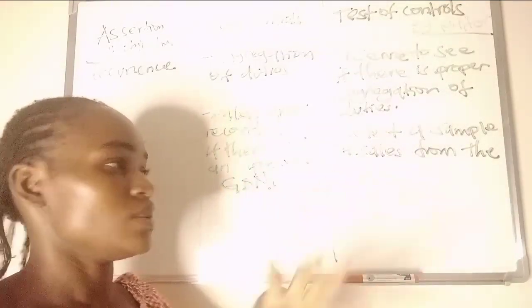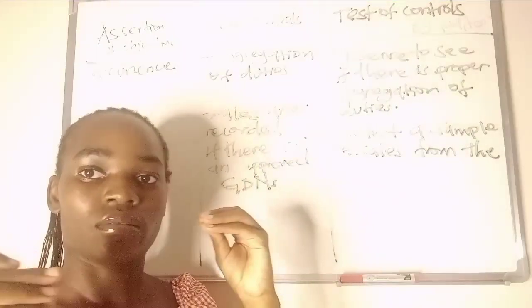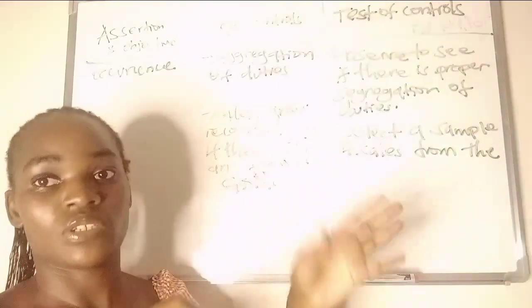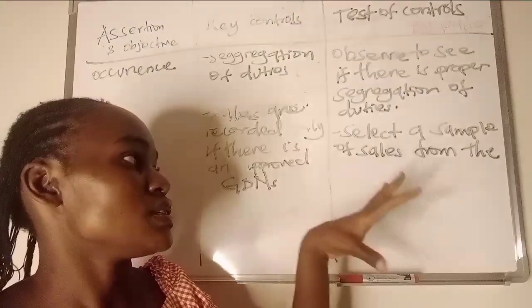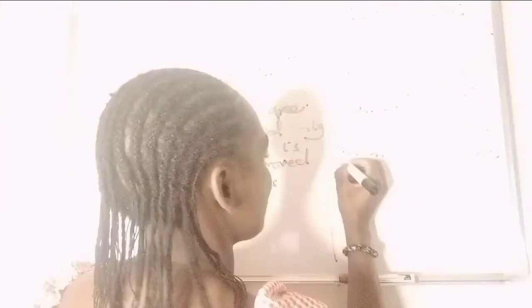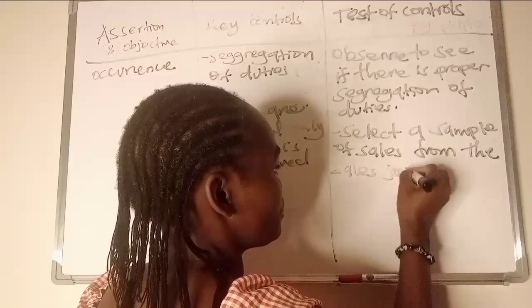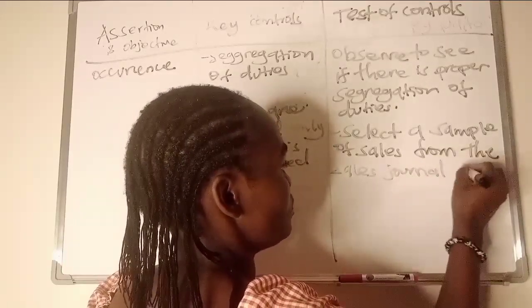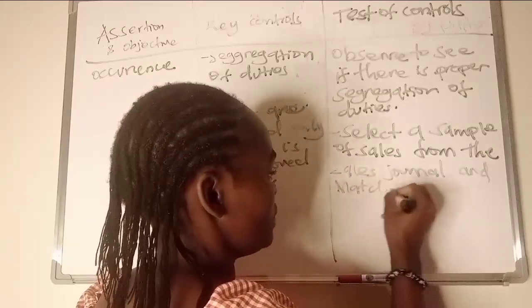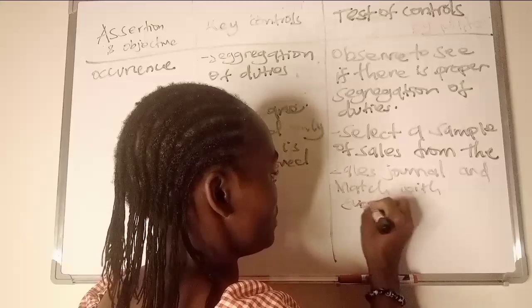The key documents I told you about, like the sales journal, the sales invoices, the journal. So the auditor will select a sample from maybe the sales journal, and match it with supporting documents.